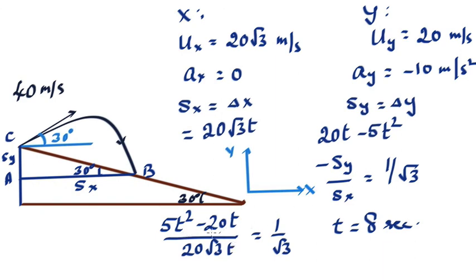So minus Sy, which is the opposite side, becomes 5 times 64, that is 320, minus 20 times 8, 160, that is 160.